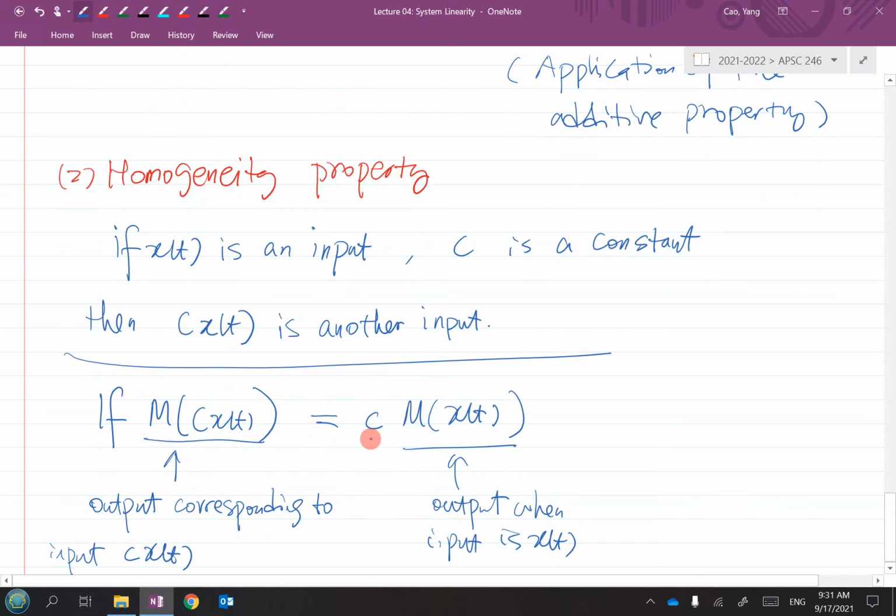That's what this expression is telling you. If this equality is satisfied, then the homogeneity property is satisfied. We also call it the homogeneous property.